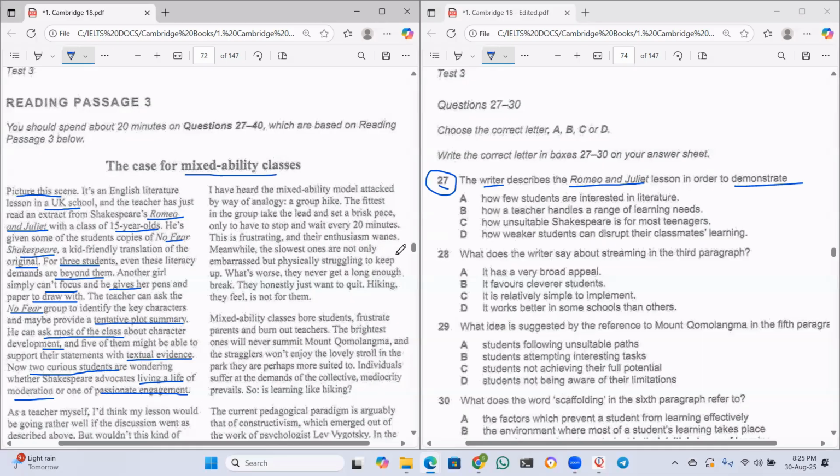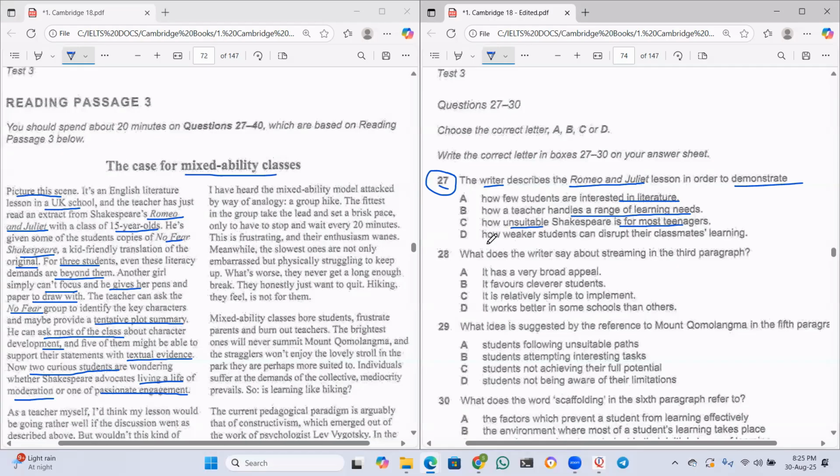Right, so let's read the options now. The writer describes the Romeo and Juliet lesson in order to demonstrate how few students are interested in literature. How a teacher handles a range of learning needs. How unsuitable Shakespeare is for most teenagers.